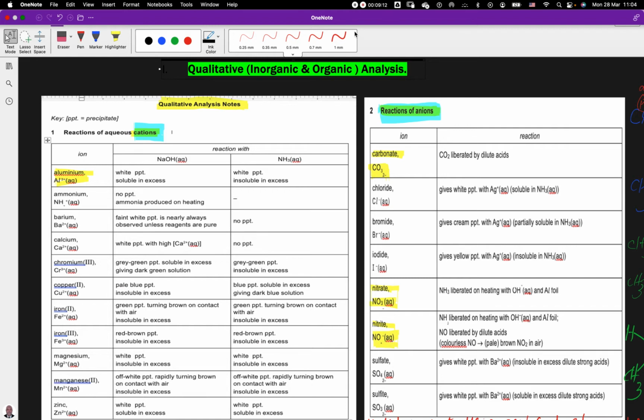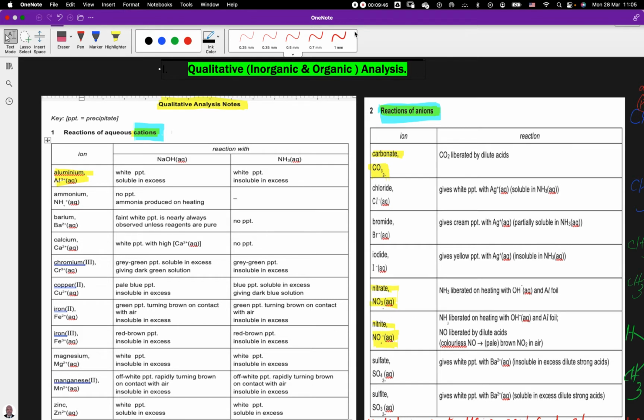So automatically, when you are dealing with nitrate or nitrite in a test tube, and you add sodium hydroxide there, you add aluminum foil there, and you do the heating, it dissolves. Precipitates are formed. There is fizzing, effervescence. A gas is being released.